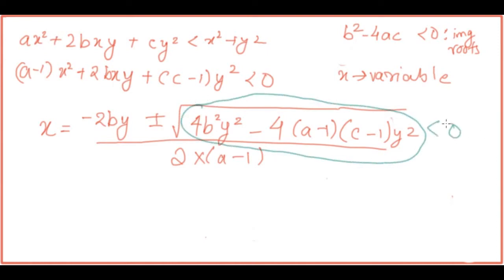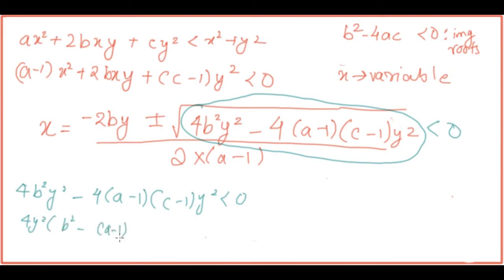To solve this: 4b square y square minus 4 (a minus 1) into (c minus 1) y square is less than 0. If I take 4y square common, I have 4y square times (b square minus (a minus 1) into (c minus 1)) is less than 0.